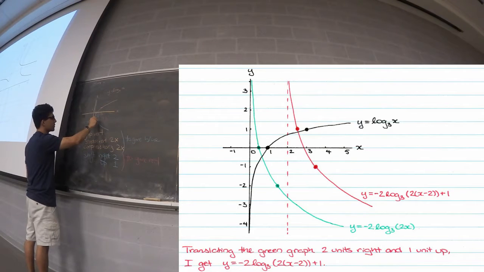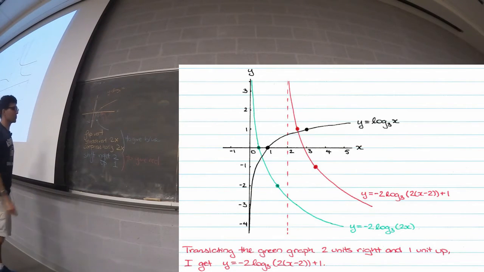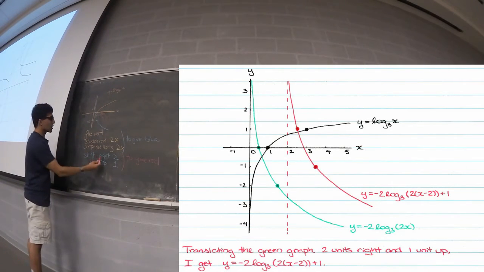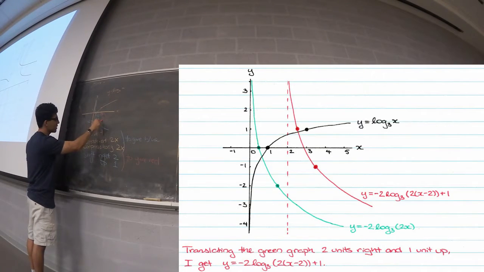So 1.5. 1.5 plus 2 is 3.5. So over here. Ish. It's fantastically poor scaling. So shift this guy right 2 to 3.5, and up 1 to minus 1.